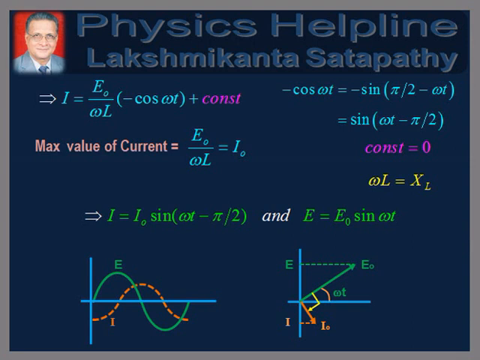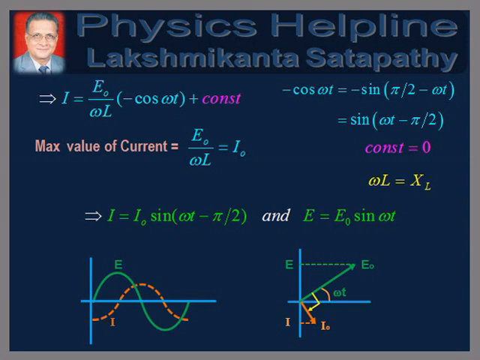Therefore, we write I is equal to E0 by omega L into minus cos omega t plus constant. Now, cos omega t may be written as sin pi by 2 minus omega t. This implies minus cos omega t is equal to minus sin pi by 2 minus omega t. Here, we use the identity sin minus theta is equal to minus sin theta, which gives minus cos omega t is equal to sin omega t minus pi by 2.